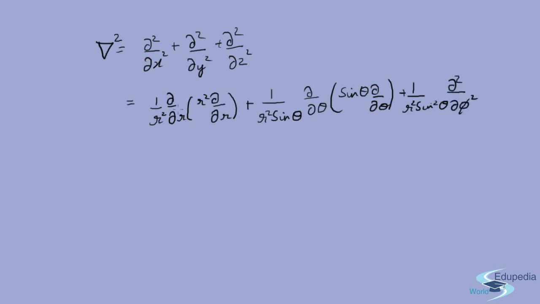So we have a term in which you have the double derivative of r, you have the double derivative of theta and the double derivative of phi, but there are some other terms as well.